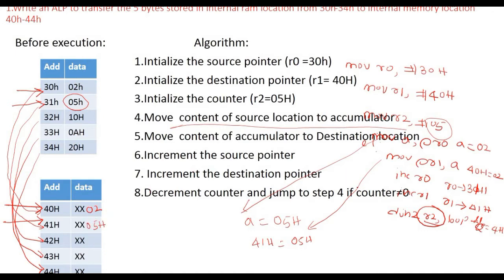Okay, so these 4 steps will be repeated 5 times. So if the number of bytes is 10, then this loop will be repeated 10 times, and that is indicated by this count.